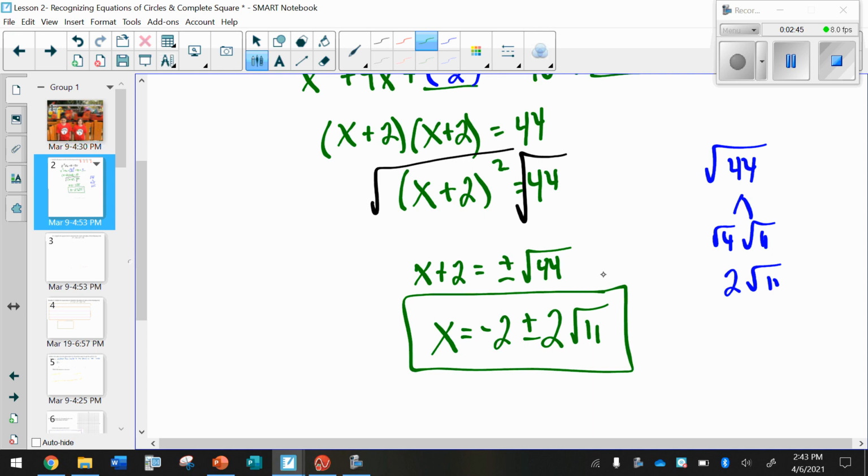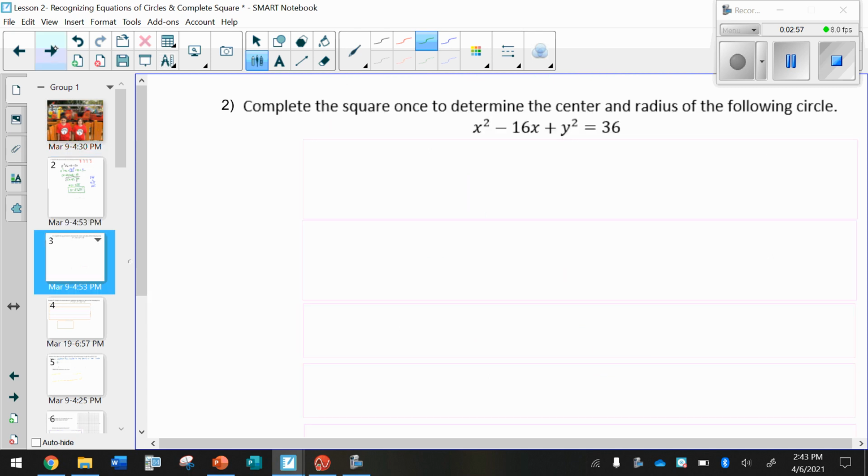Now let's use that process to find our center and radius for the next equation. x squared minus 16x plus y squared equals 36. This is what we did in the previous lesson. So here what we're going to do is take our x terms and group them together.